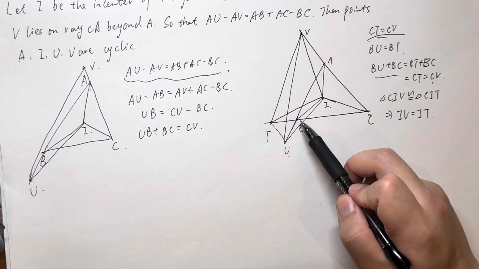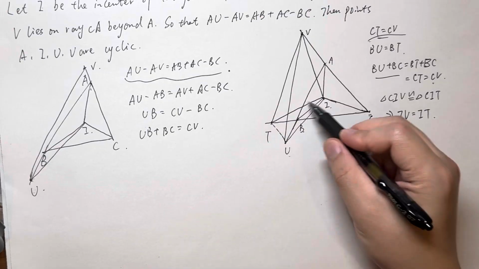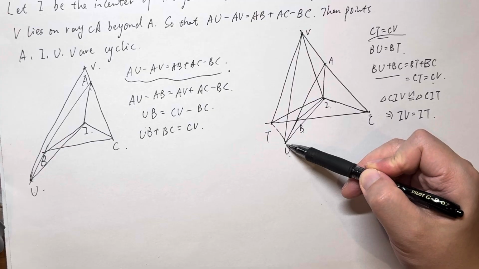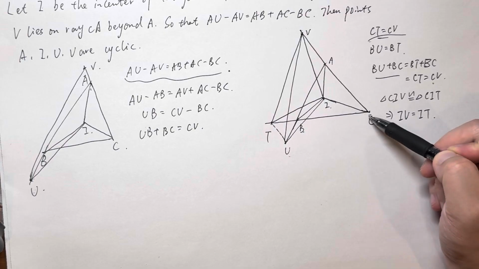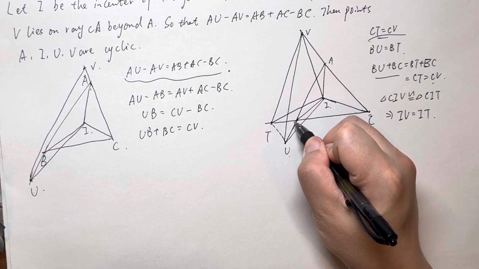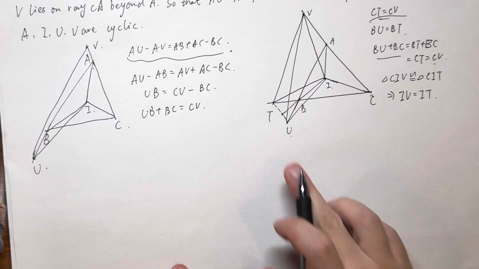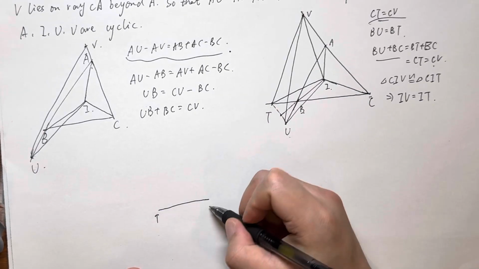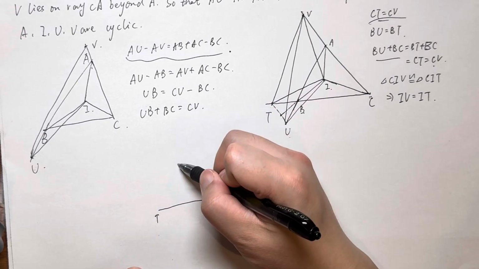Similarly, if we look at this figure, because angle ABC equals angle TBU, right? BI is the angle bisector of angle ABC, so it's the angle bisector of angle TBU. So if I redraw this part to make it easier to understand, we have T here, we have U here, and a point B here.